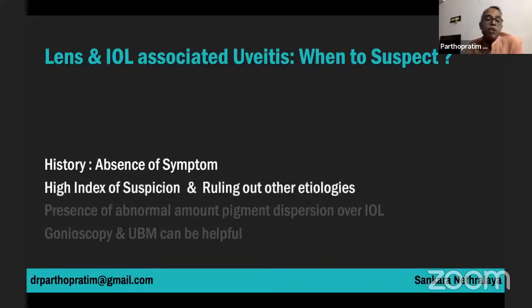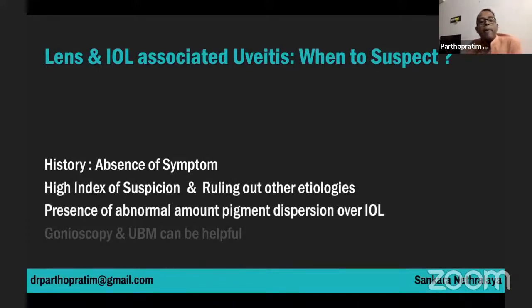A high index of suspicion is required, and you need to rule out other causes of uveitis in such a scenario. The presence of an abnormal amount of pigment dispersion over the IOL should give us a clue about IOL associated uveitis. Gonioscopy and UBM can be very helpful in difficult or challenging cases. Thank you.